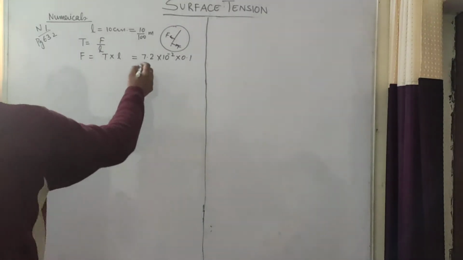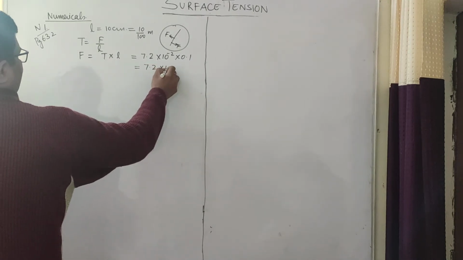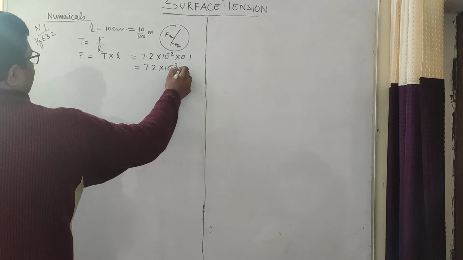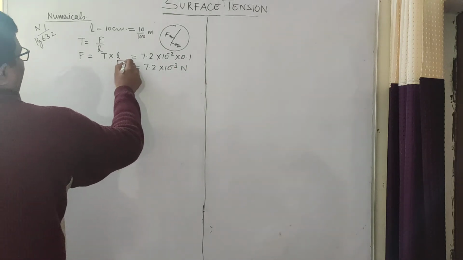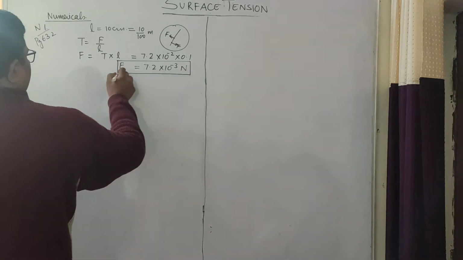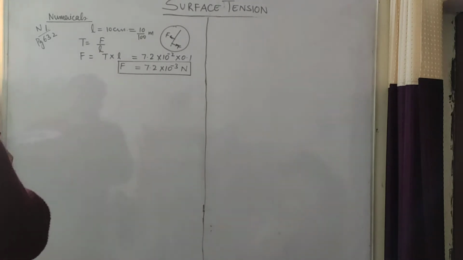On solving this you are going to get 7.2 into 10 to the power minus 3 Newton. This is the force acting on the surface film of the water surface. This is numerical number 1.